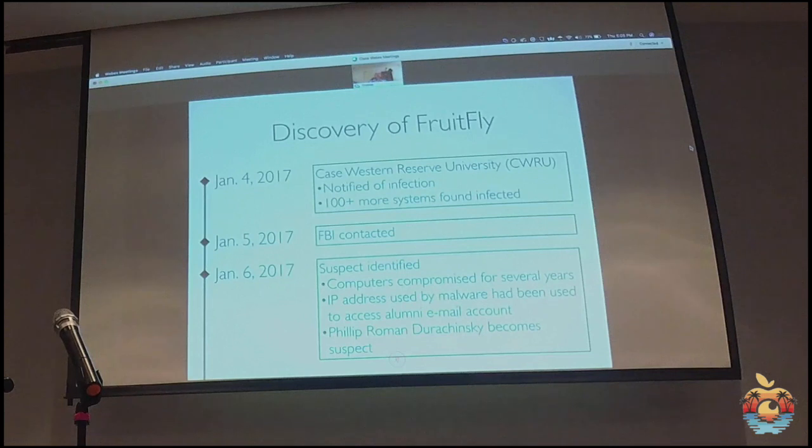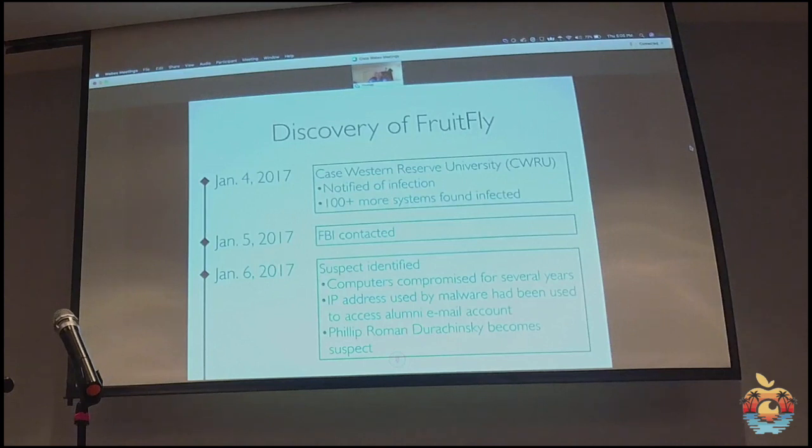So we go all the way back to January 4th of 2017, and that's when the story more or less starts. Now, it went back further than that, but nobody knew about it yet. So on January 4th in 2017, Case Western Reserve University in Cleveland was notified of an infection by a third party.